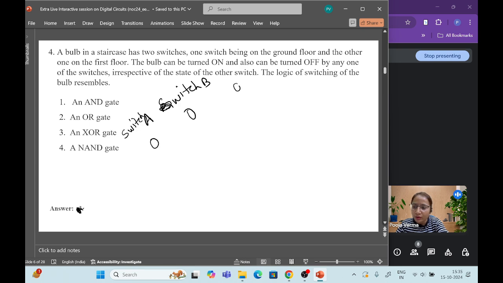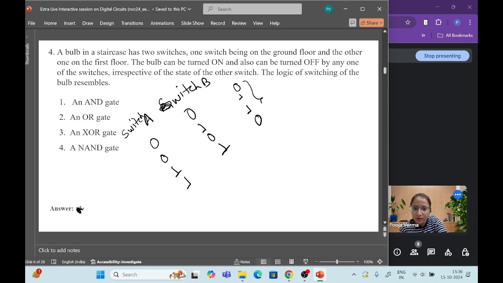If both switches are turned off, in that case the light will be off, right? In another case, one switch is off and the other is on, and in another case one switch A is on and the other is off, and in another case both switches are on. Practically you can check in your home also: if both switches are off or on, in both cases the bulb will be off, and if any one of the switches is on, either on the first floor or the ground floor, then the bulb will be on.